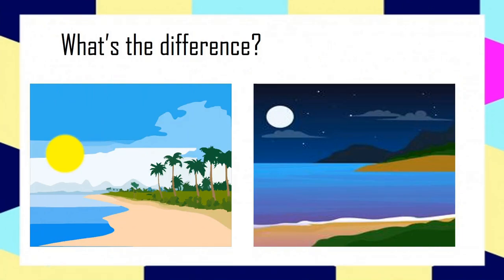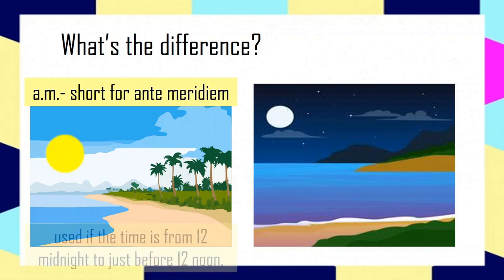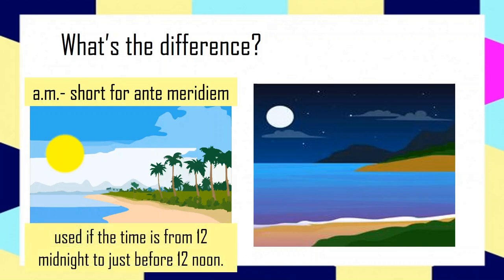Okay, can you tell me the difference of these two pictures? Very good. The first picture shows morning, while the second picture shows evening. And every morning, we use the abbreviation AM, which is short for antemeridiem. It is used in telling time during morning or from 12 midnight to just before 12 noon.